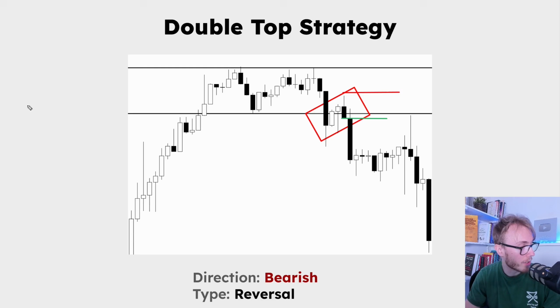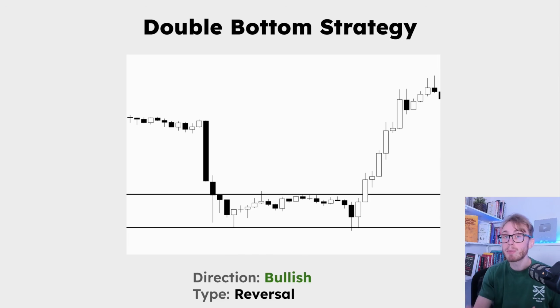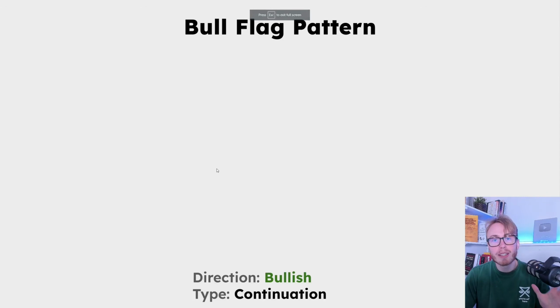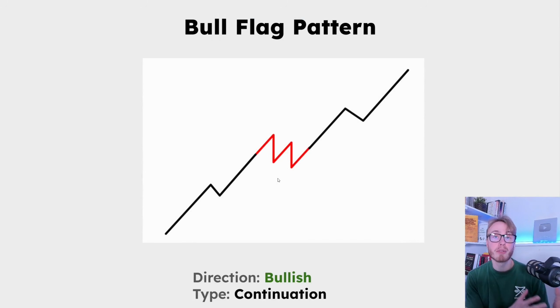So in other words, you want to set the stop loss above this point right here. And if you target a 2-to-1 risk to reward ratio, your target would be somewhere around here. And for the double top, you can also use the strategies we talked about earlier in the course when we talked about the double bottom. So now guys, the time has come for the bull flag pattern.